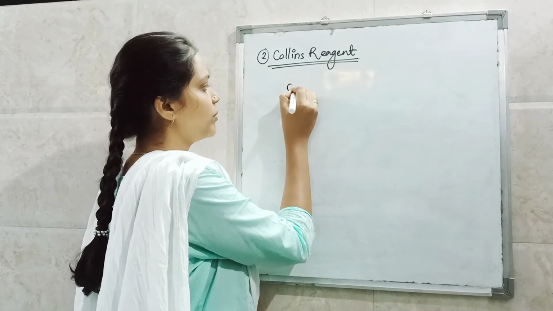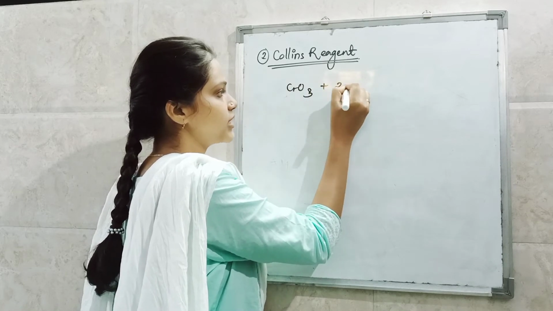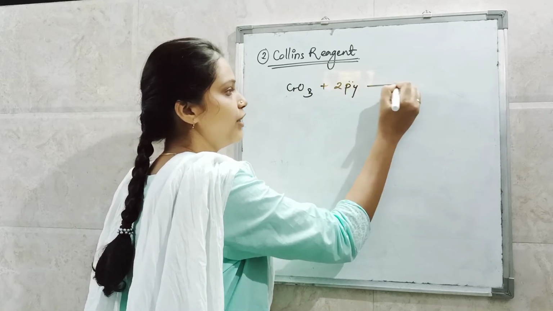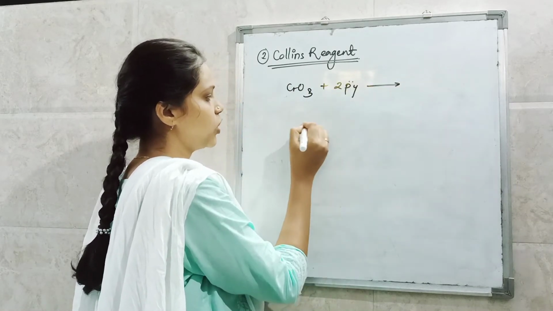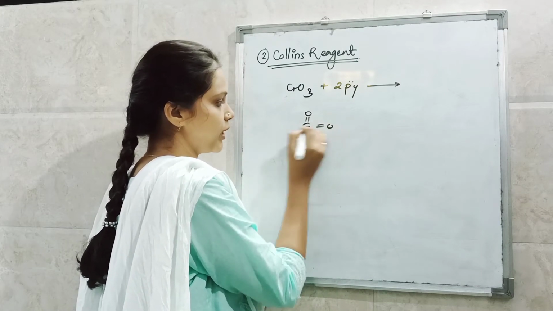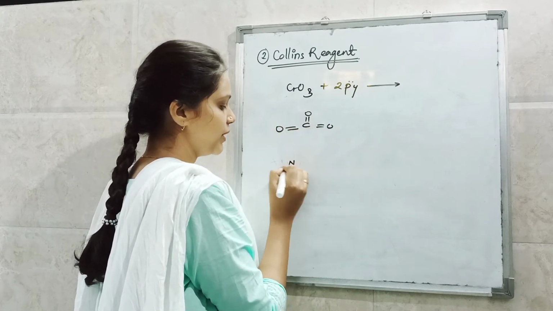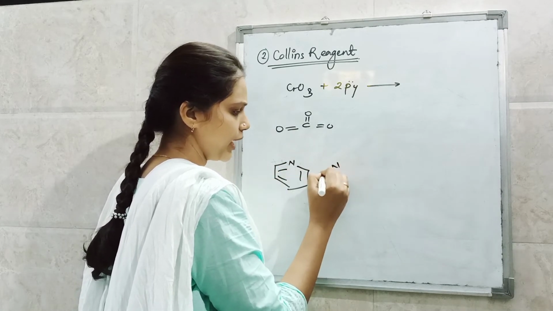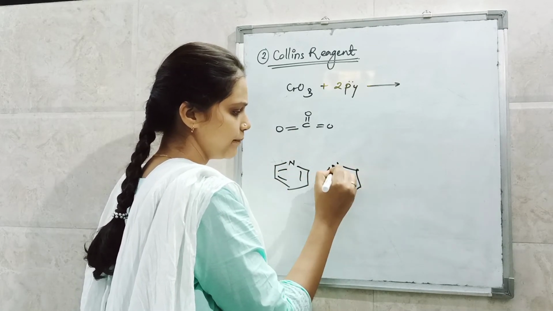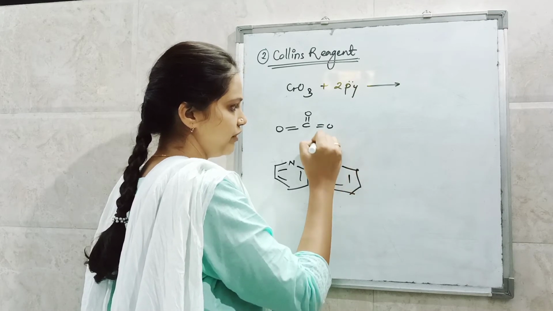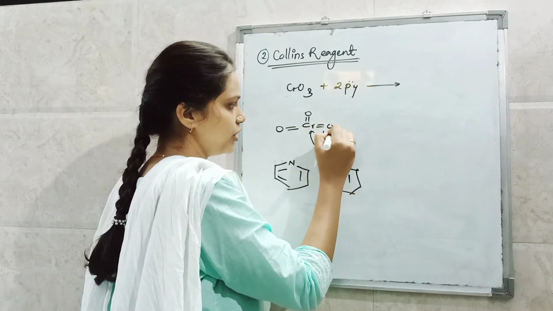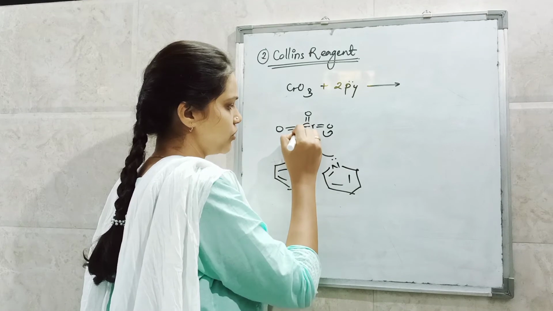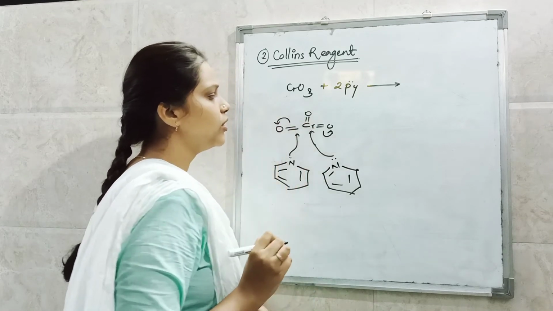When chromium trioxide and pyridine are combined, it forms a complex. See, this is the structure of chromium trioxide, and you have pyridine. The nitrogen of pyridine has a lone pair, so it is basic in nature. It will attack chromium, and the double bond will shift to oxygen.